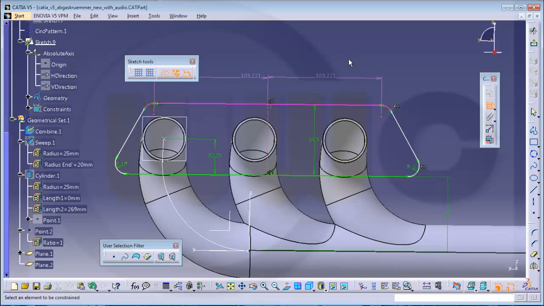Oh, it's already the same. That's interesting. Of course it must be.